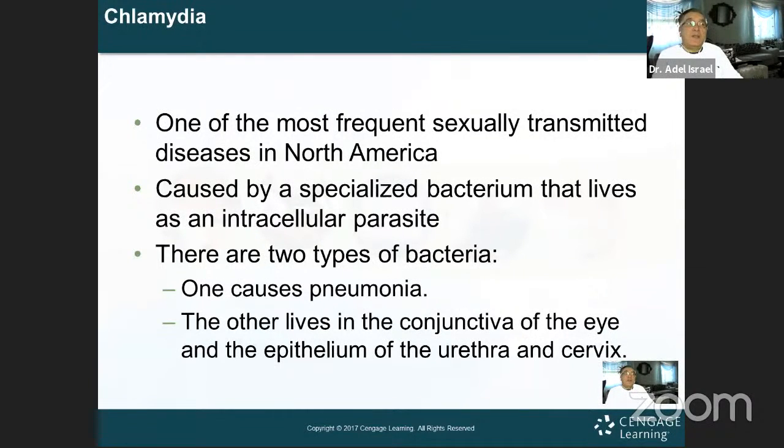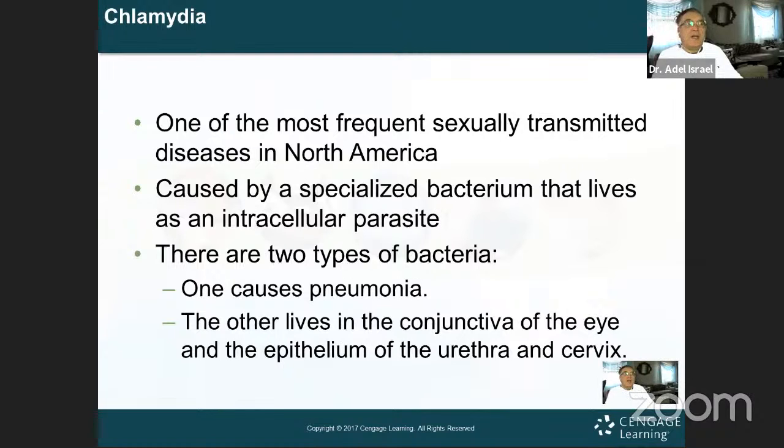There are a lot of hazards for transmission of such a disease. It is caused by specialized bacteria that live as an intracellular parasite. Intra means inside. Intracellular parasite. So it is a parasite, but actually it is a special form of bacteria.